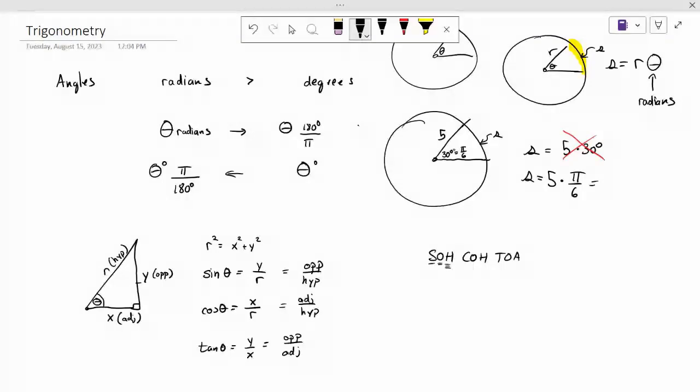And so sine and cosine are like the building blocks of your trig functions, right? Tangent is just sine over cosine, so it can be constructed out of those. And then you have the reciprocals. So the reciprocal of sine is called cosecant. So that would be hypotenuse over opposite side.